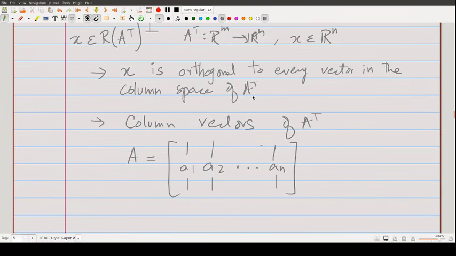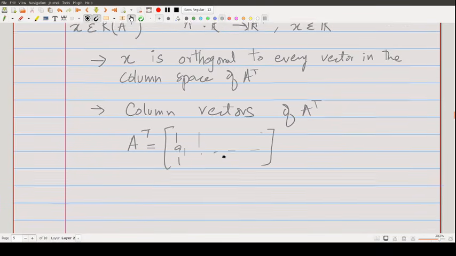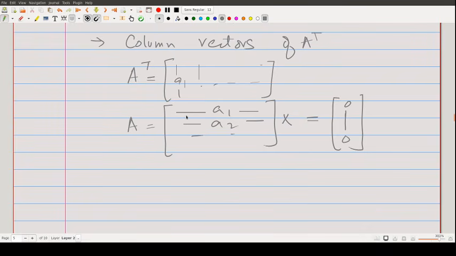If it's orthogonal to every column of A transpose, then it's going to be orthogonal to every row of A. So if I write out the columns of A transpose, which are the rows A1, A2 of A, then A times X is going to be equal to 0, because when you do row times column, this row is multiplied with this column, and you get that A1 transpose x is equal to 0.